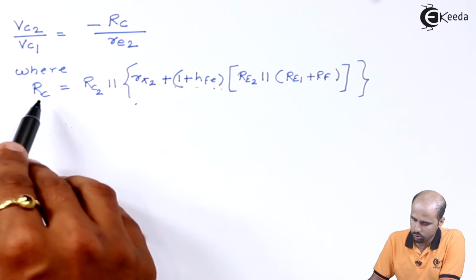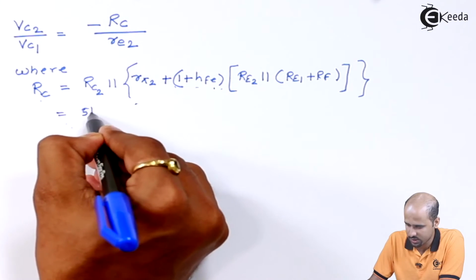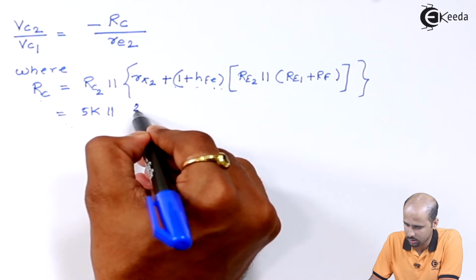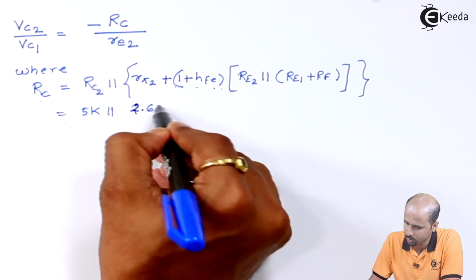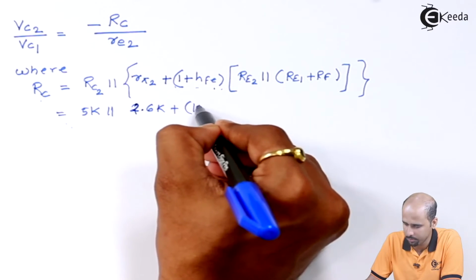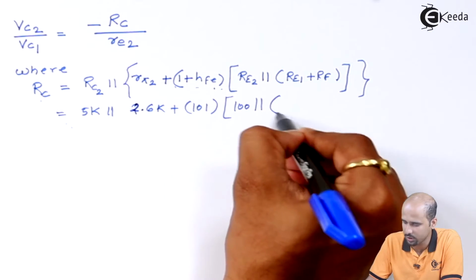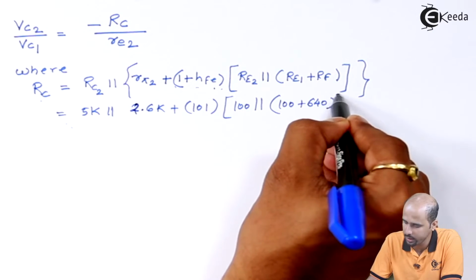Okay, so calculate the value of RC. We all know that RC2 is 5K, right? R pi 2, that we have got as 2.6 kilo ohm plus 101, right? RE2 is 100 ohm in parallel with RE1 also 100. RF is 640 ohm, right?